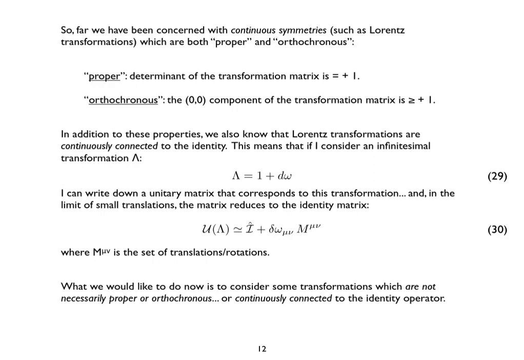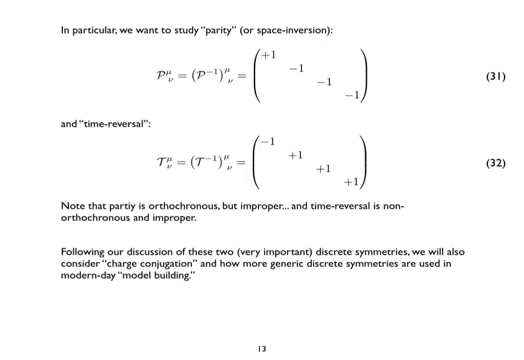So we talked about how we formalize transformations. We talked about Lorentz transformations, and then how to go from that to a unitary matrix that carries out these types of transformations. And then we said, okay, let's look at some discrete symmetries.